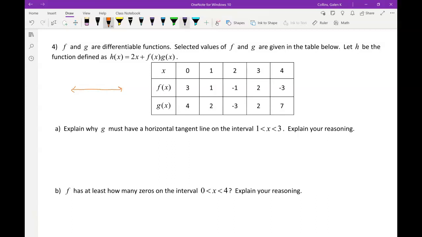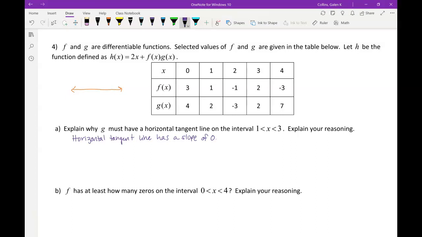So I might even just start with the first fact and say a horizontal tangent line has a slope of 0. Really, any horizontal line. It doesn't have to be a tangent line.